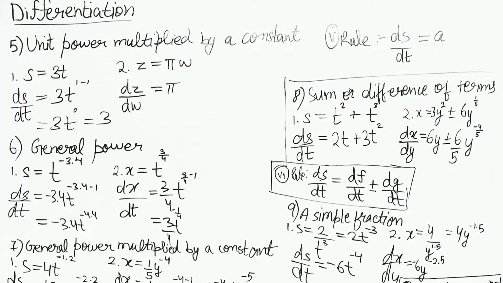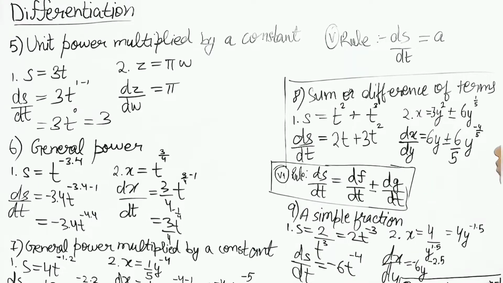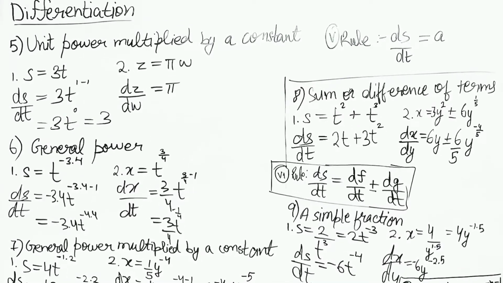Here n is our given value, the power of the function that we have. The fourth rule was ds by dt is equal to a n t to the power n minus 1. And here we have our a as negative, and also our n, which is in the power.